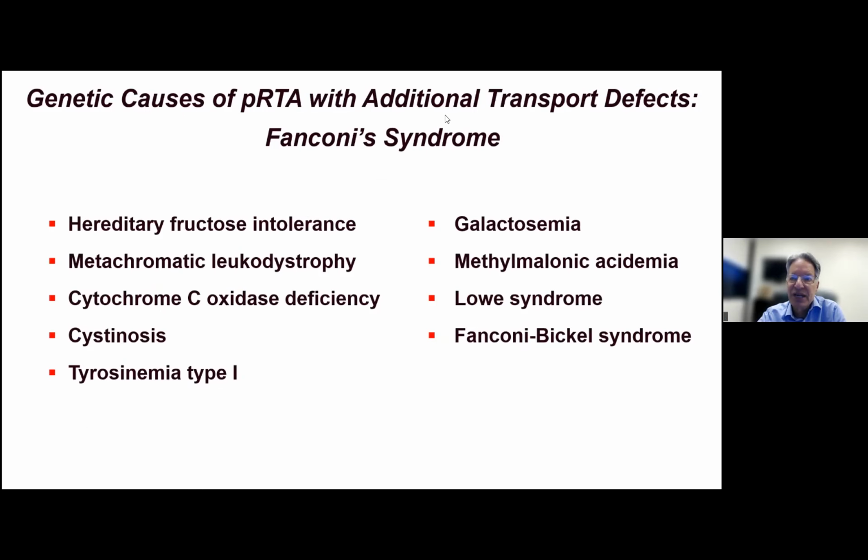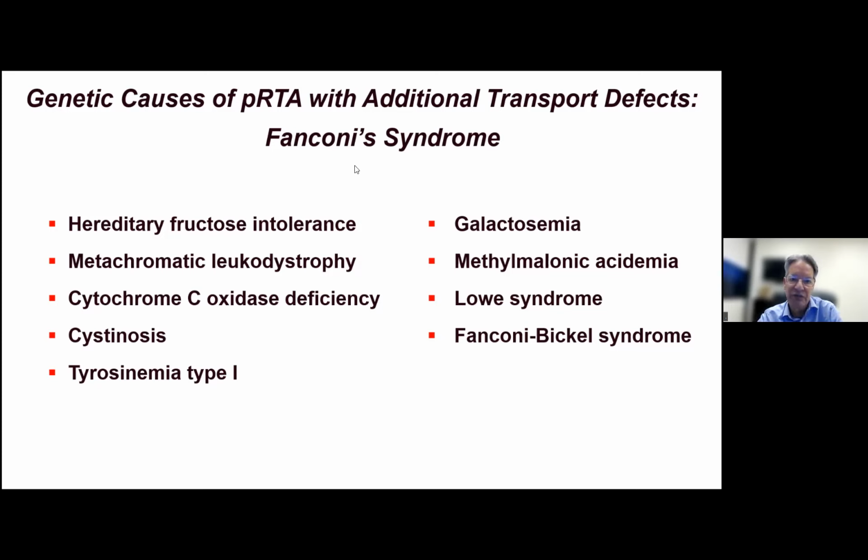And then we have other genetic causes, but they're not only with isolated proximal RTA. And when they're not, we call that Fanconi syndrome. So Fanconi syndrome is a syndrome, and it doesn't really say anything other than we have impairment in proximal tubule transport processes in addition to bicarbonate reclamation. And when you have that, you call that Fanconi's.